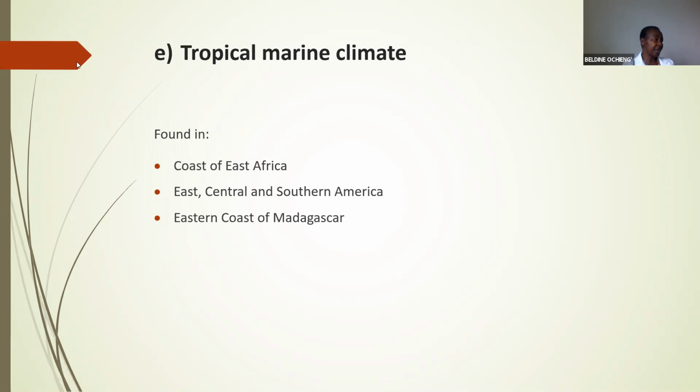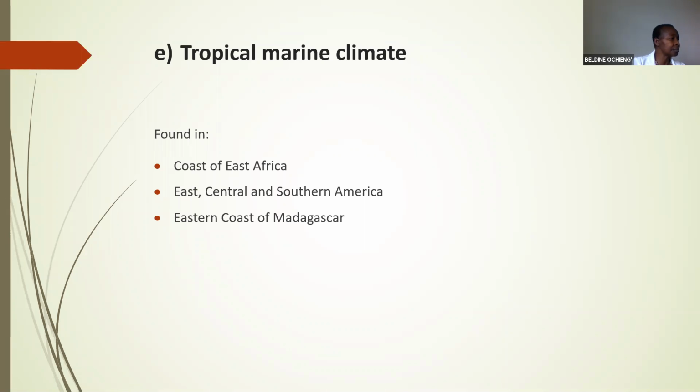The next area, tropical marine climate. Tropical marine climate is found in the coast of East Africa. We'll be talking about Kenya and Tanzania.